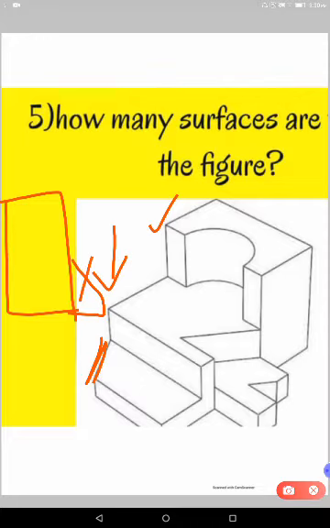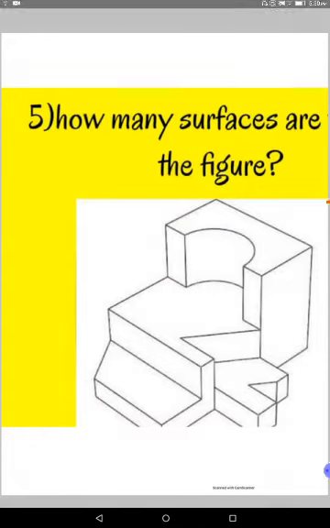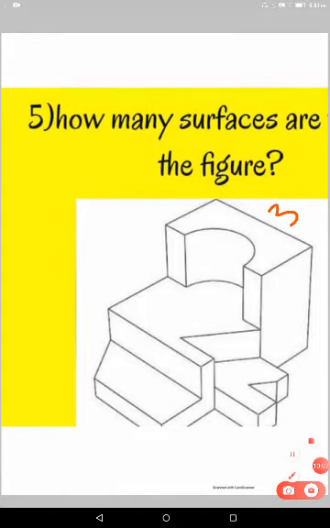So this will be considered as another surface. So this whole is 1 and this is 2. Then 3 this surface behind, and 4 the surface under. Okay, 4 are there now.